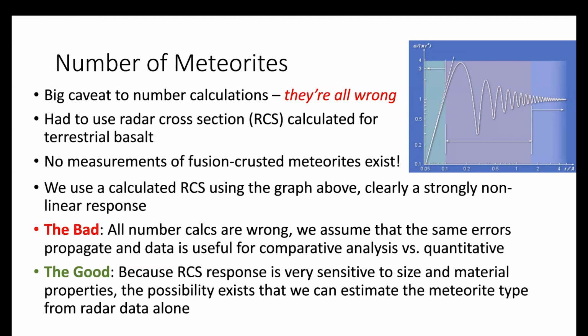The possibility exists that I could use the sensitivity to meteorite type in this data to identify the meteorite type from the radar data. This has yet to be proven, but it could be really useful, especially for the ones that we don't recover. Next slide, please.